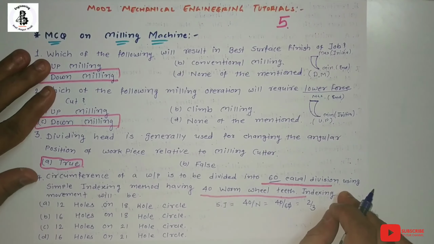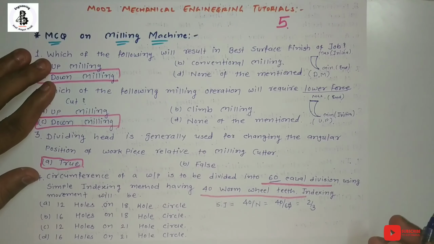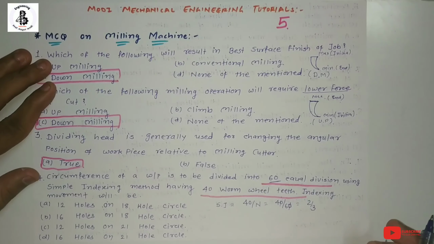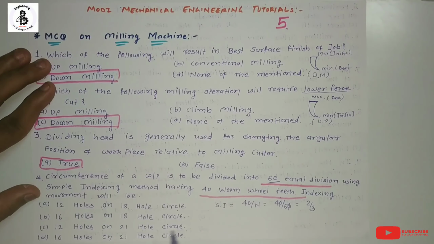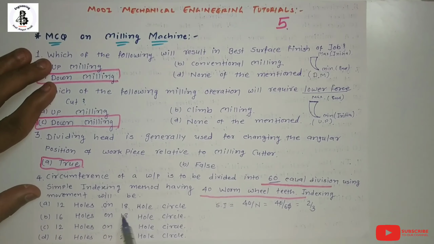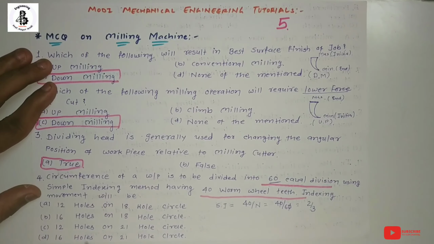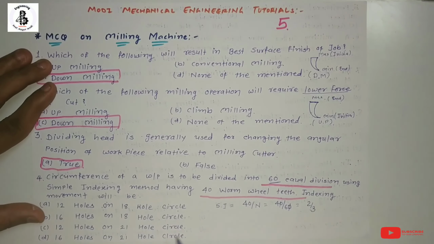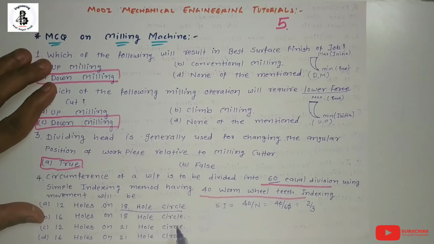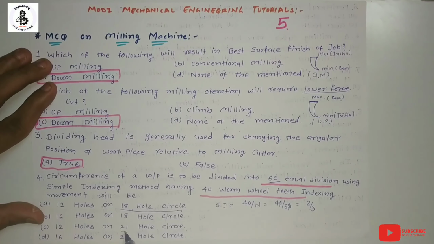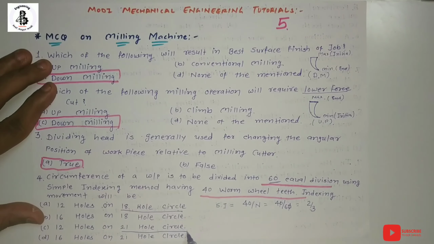So now see which kind of hole circle system is being preferred. Concentrate on the options: 12 holes on 18 hole circle, 16 holes on 18 hole circle, 12 holes on 21 and 16 holes on 21. So either an 18 hole circle system is being adopted, or you should adopt a 21 hole circle system.